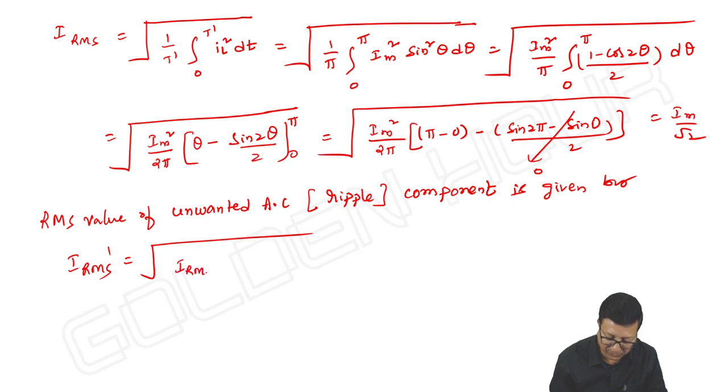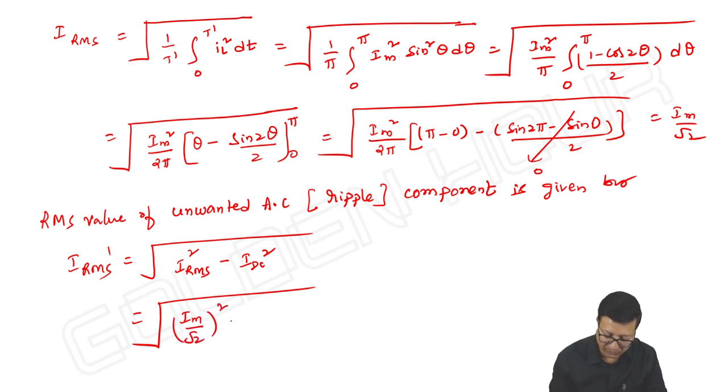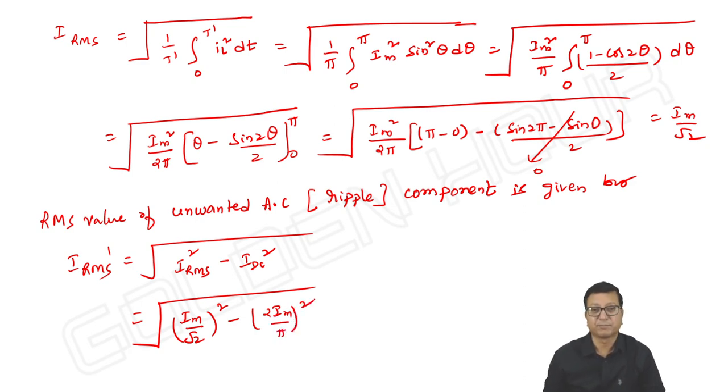RMS value of the total current square minus IDC square. Okay, it is equal to Im by root 2 whole square minus 2Im by pi whole square. Whatever it is, you will get some value.